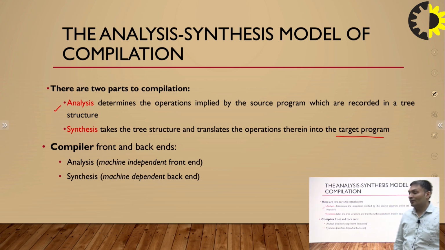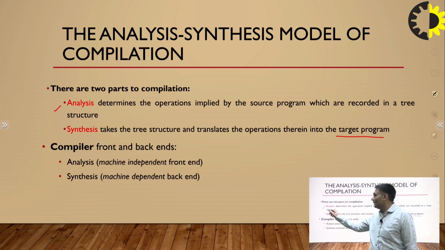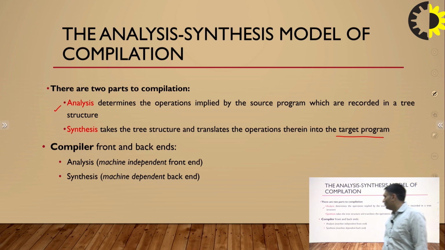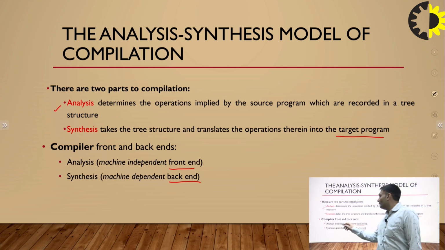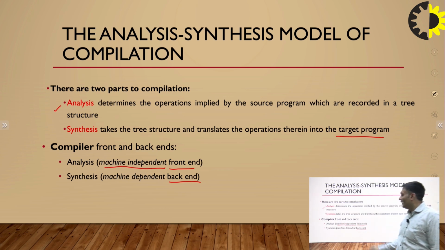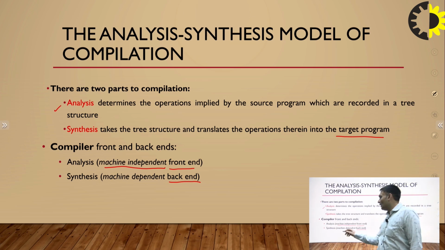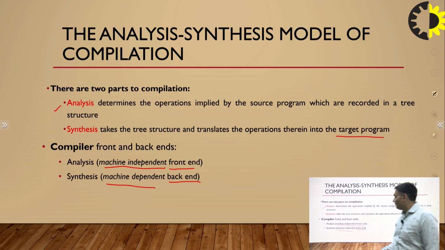These 2 parts, analysis and synthesis, are also called the front end and back end. The analysis part is the machine independent front end, and the synthesis part is the machine dependent back end.